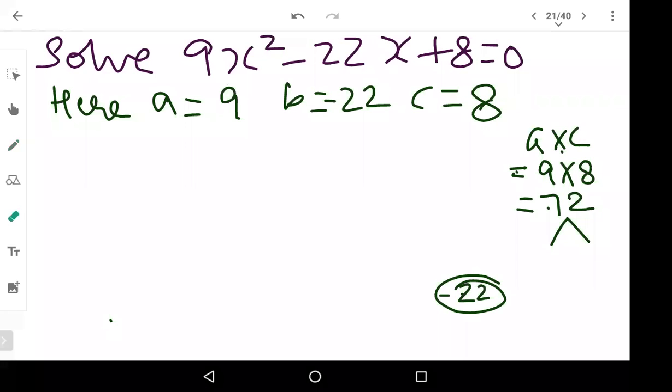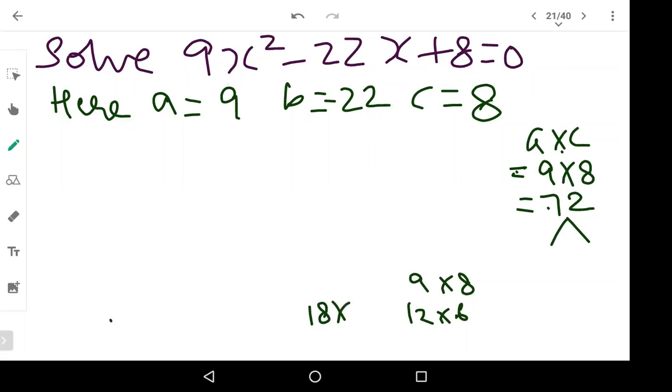Now you should find the factors in such a way that you get minus 22 as the answer. Try and find where all 72 is divisible. 9 8s is already there. Then 12 6s, 18 4s, 24 into 3 is also 72.